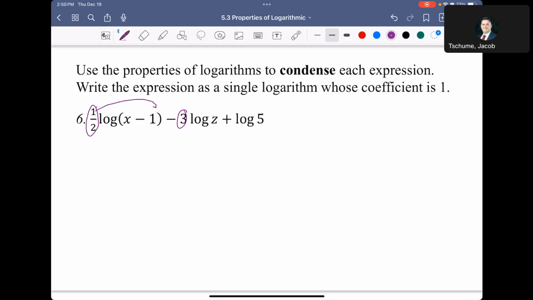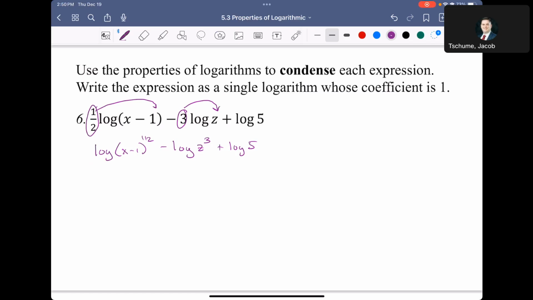Just like the previous example, I'm going to bring those inside their respective logarithm and they become the exponent of each one. So we're going to end up with the log of x minus 1 to the 1/2 minus the log of z cubed plus the log of 5.